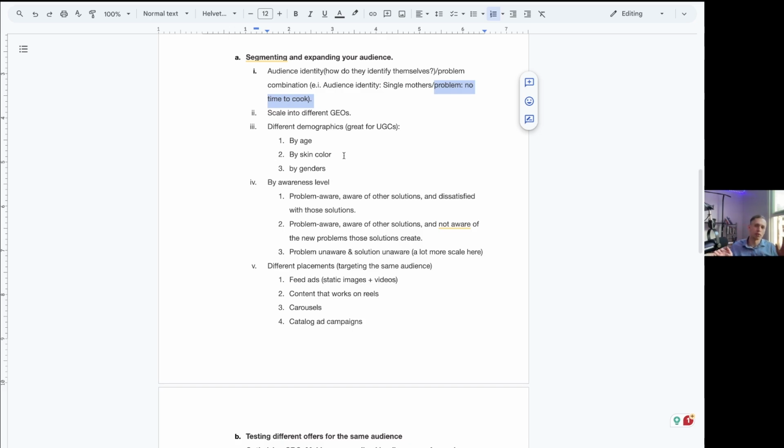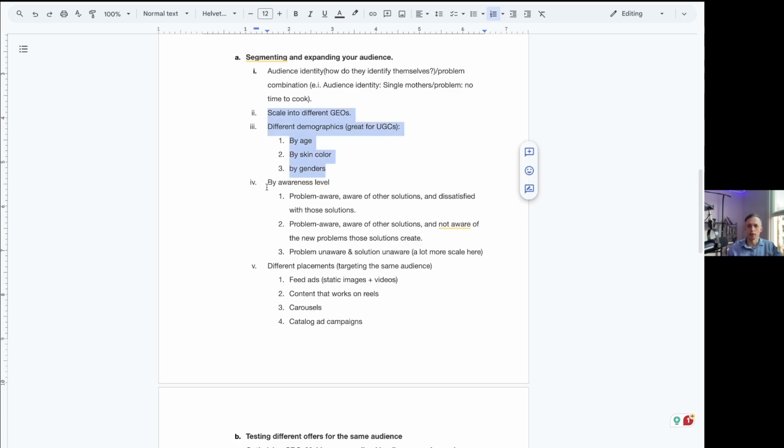If you don't have those people, then you might want to segment and see what segments by demographics you have in your audience. That typically would be good if you have UGCs working. So if you have any ads with somebody talking to the camera or reviewing a product, and you can actually see the person, it would make sense to create a campaign and try to optimize and scale with that.